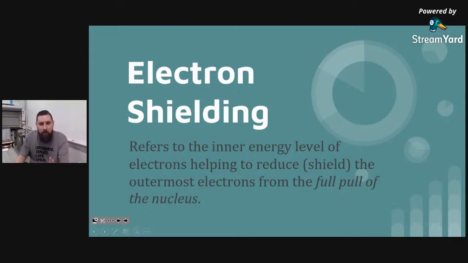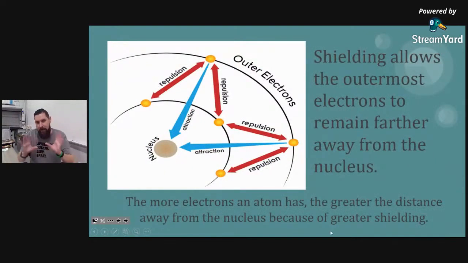So when we look at this in this form, here's what I want you to notice. We've got our nucleus, that would be our positive charge. We have inner electrons, and because they're the ones closest to the nucleus, they do not experience any type of shielding. There's nothing between them and the nucleus. So there's nothing to diminish that effective nuclear charge that we would see between the inner electrons and the nucleus. But these outer electrons, they're being attracted inwards.